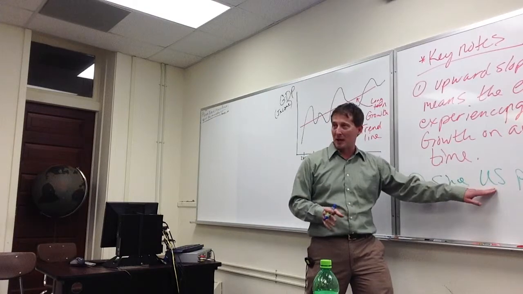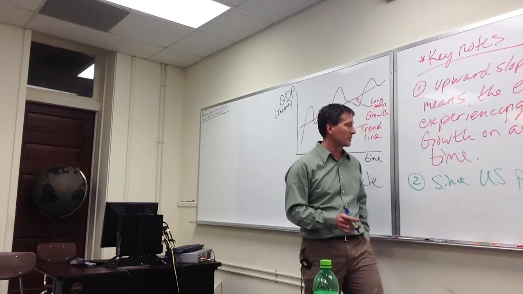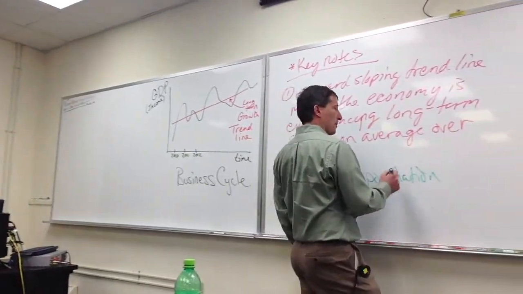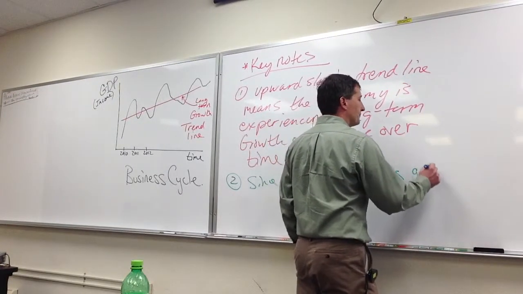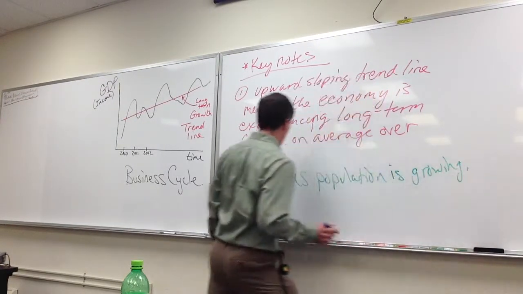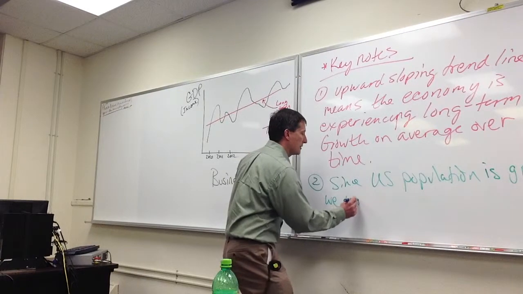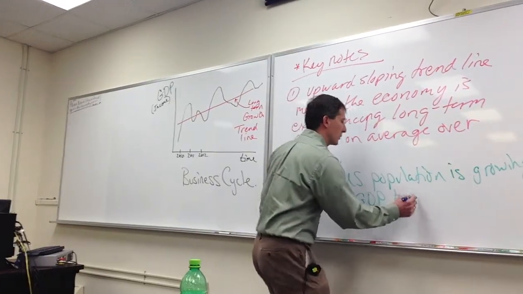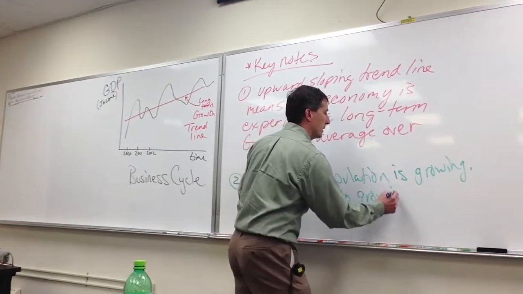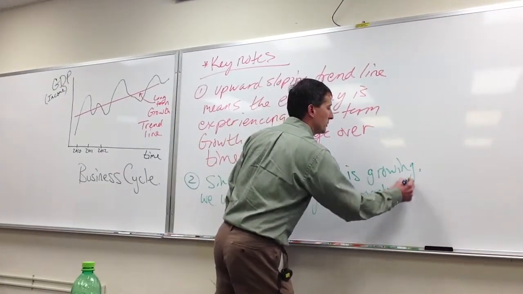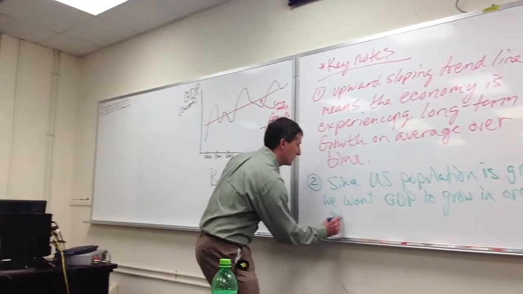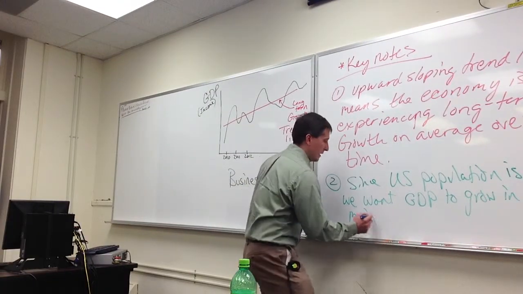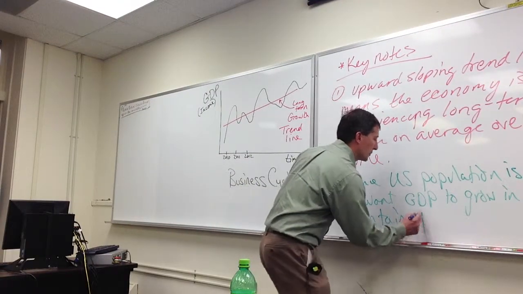But I do know that the U.S. has increased population growth. So since the U.S. population is growing, we want GDP to grow in order to maintain per person income.